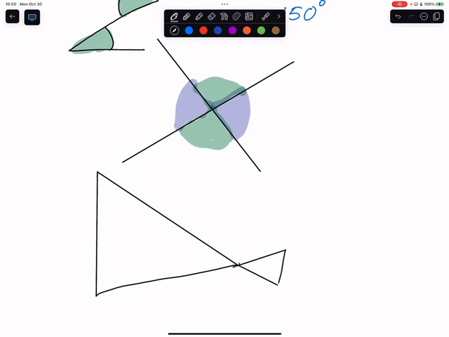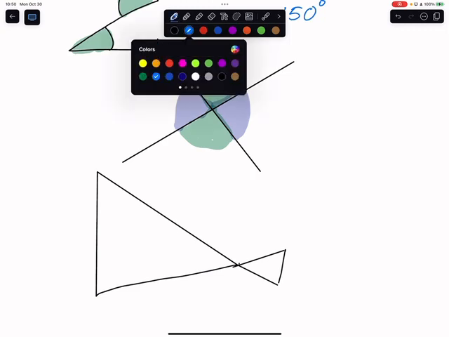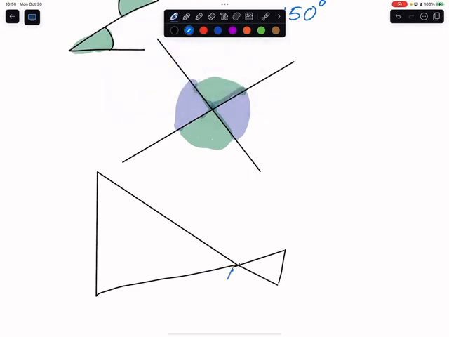It's an opposite angle. And they tell you here is 111 degrees. Yes? If the bottom one is 111 degrees, the top one is also 111 degrees.